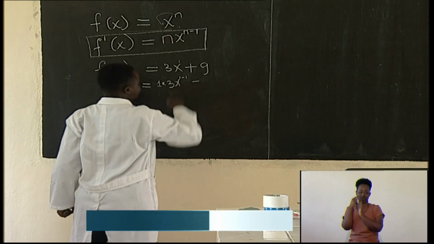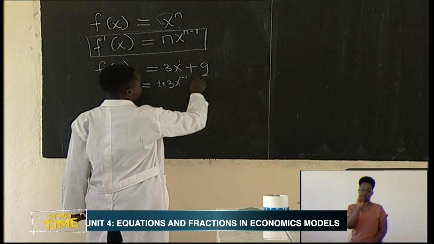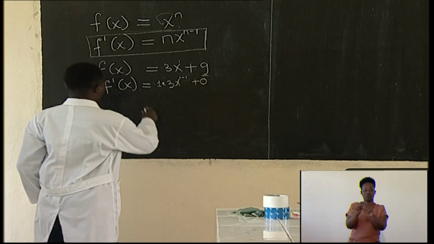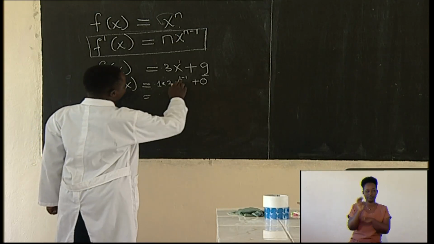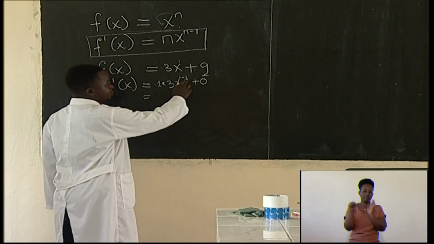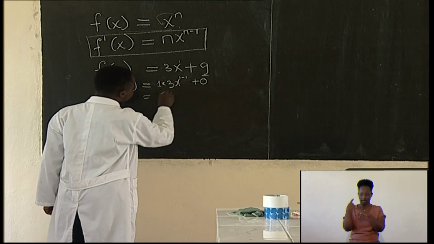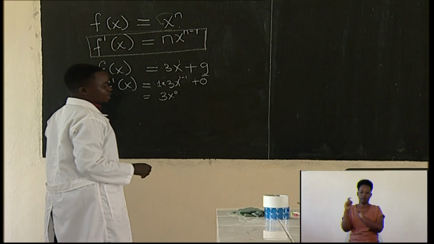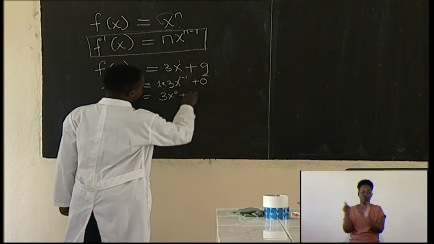Then, when you differentiate a constant, this is our constant, you get 0. When you differentiate a constant, you get 0. So in this case, 1 minus 1 is 0. And here, 1 times 3x is 3x power 0. And remember, any number to power 0 is 1.